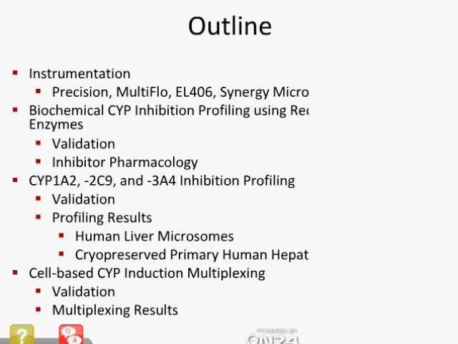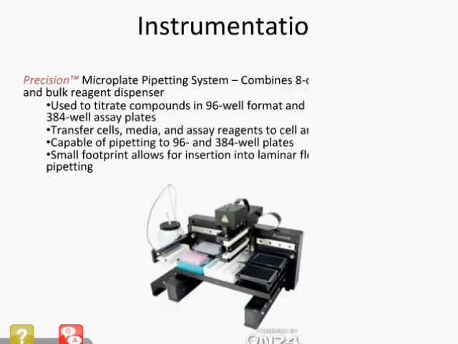So the first instrument that was used is our precision microplate pipetting system. It combines an 8-channel pipetting head as well as an 8-channel bulk reagent dispenser. And for these applications, it was used to titrate compounds in 96-well format and then transfer those compounds from the cell plate to either 96 or 384-well assay plates.